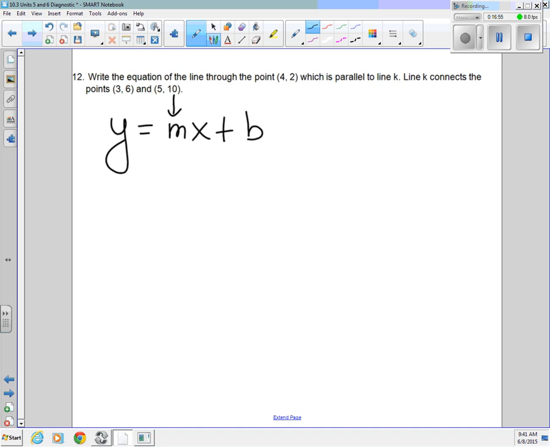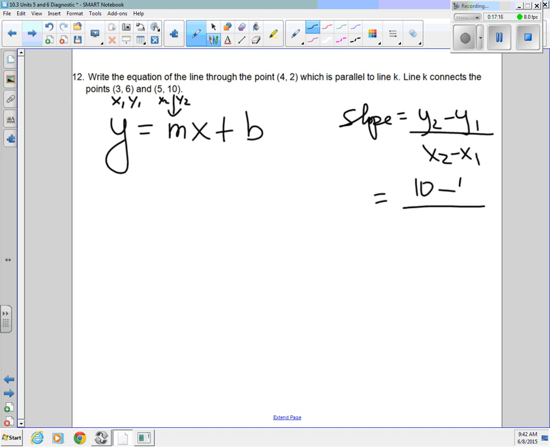I can use the slope formula: slope, which is m, is y2 minus y1 over x2 minus x1. y2 is 10, y1 is 6, x2 is 5, x1 is 3. 10 minus 6 is 4, 5 minus 3 is 2, 4 over 2 is 2.